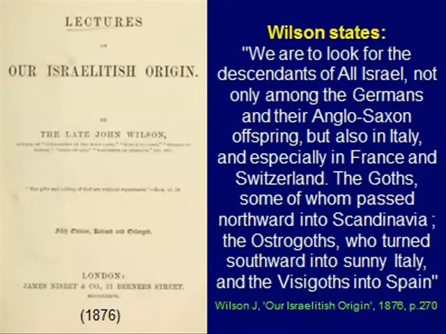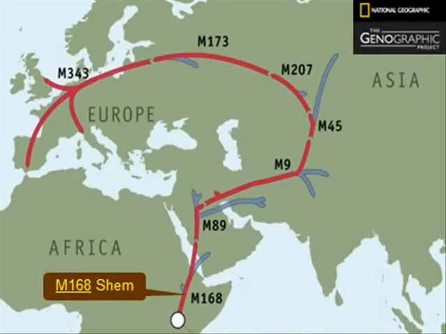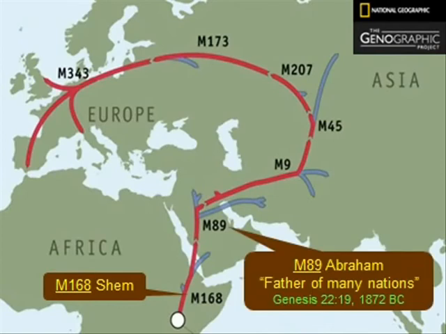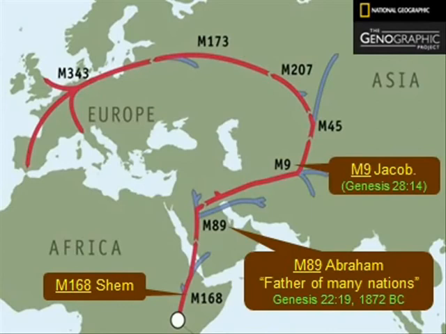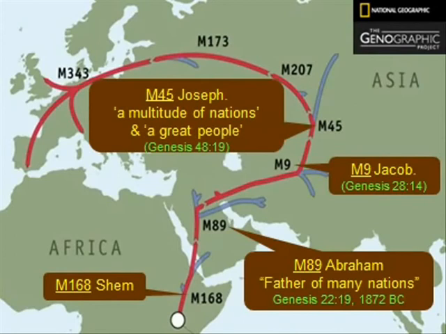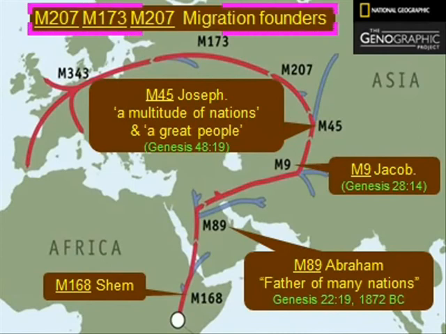Back to the migration map, we have Shem, Abraham with marker M89, M9 Jacob, Joseph, a multitude of nations and a great people, M45, which leaves the M207, M173 and M207 markers, which would be the migration founders, individuals who led the migrations of the tribes of Israel across Europe.